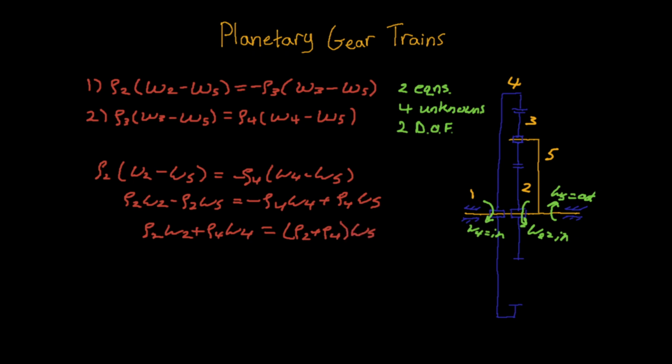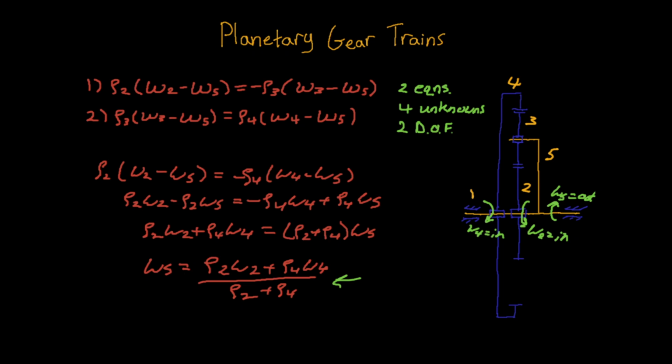Now we can divide by the rho 2 plus rho 4 term and get omega 5 is equal to rho 2 omega 2 plus rho 4 omega 4 all over rho 2 plus rho 4. And this is the output omega 5 in terms of the 2 inputs, omega 2 and omega 4.